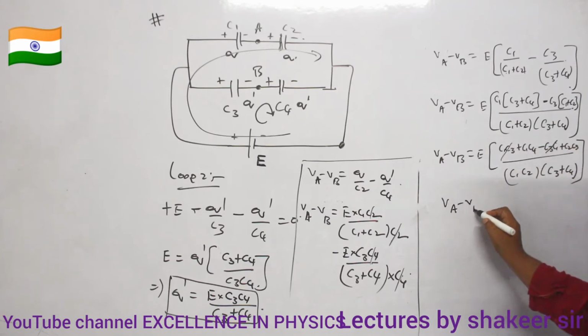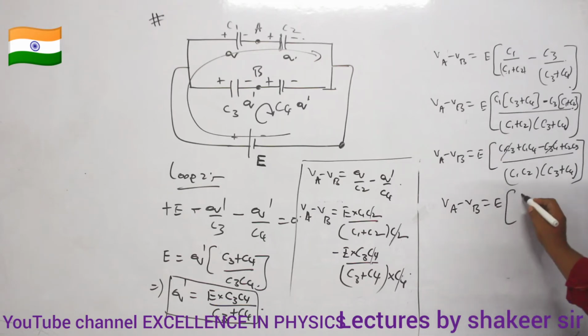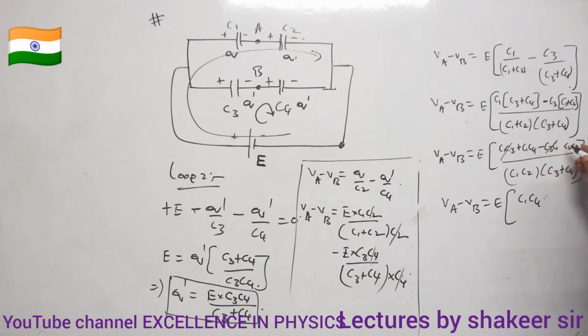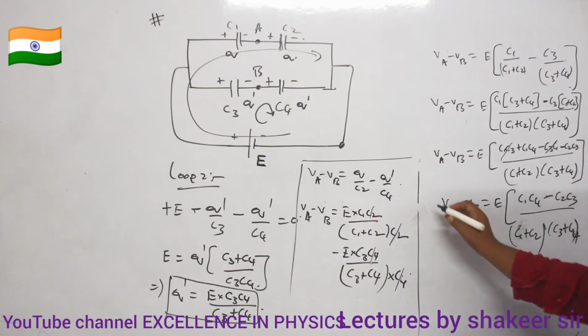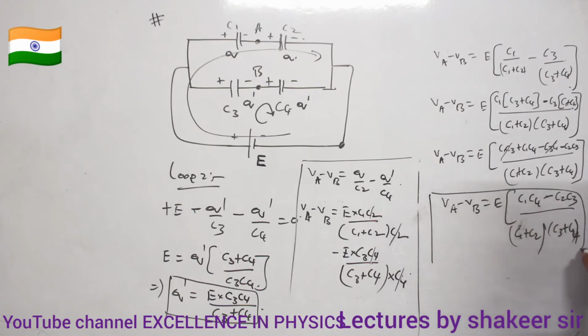So therefore VA minus VB is equal to E into C1 C4 minus C2 C3, divided by C1 plus C2 into C3 plus C4. This is the relation which I got. Clear? So this is the equation for potential difference between the 2 points VA and VB.